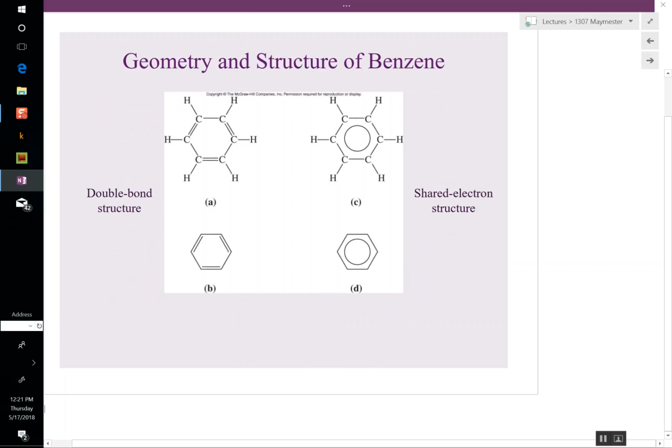We're not going to get into that. But those are all benzene. Those are all appropriate ways of drawing benzene, whether you put the alternating double bonds or whether you put the circle in the ring.